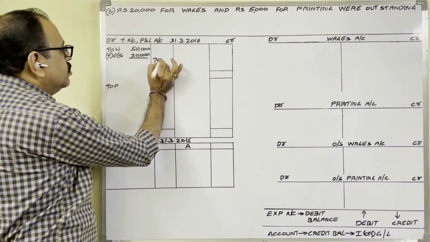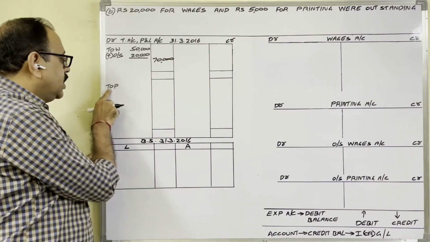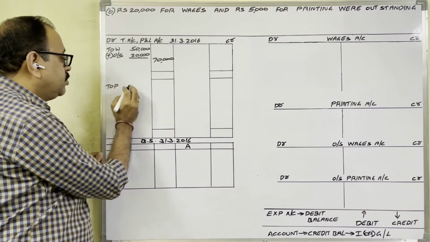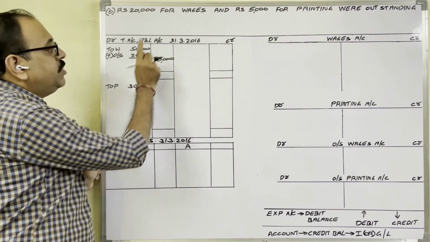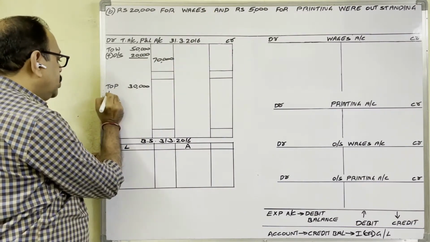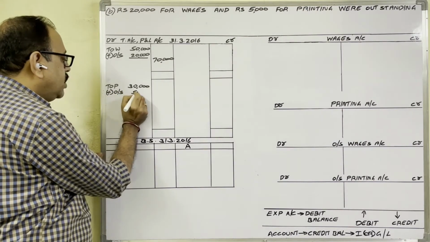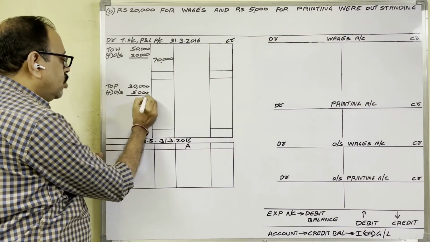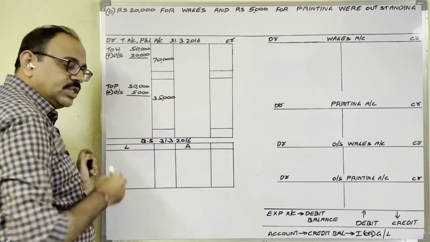Total in the outer column 70,000. Similarly, assume that in the trial balance printing expenditure of 30,000 is given, and in the adjustment outstanding printing of 5,000. We add outstanding 5,000 rupees. Total printing expenditure in the outer column 35,000 rupees.